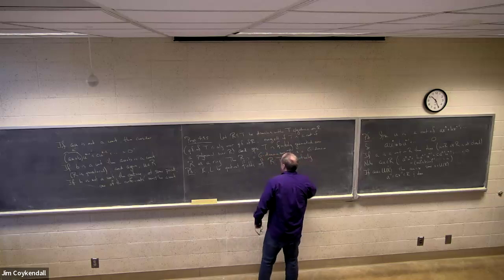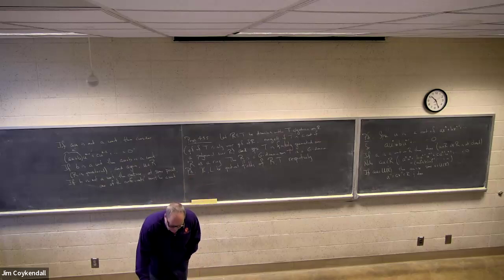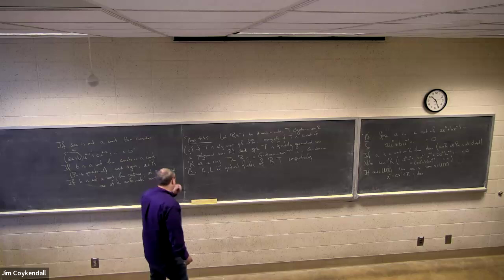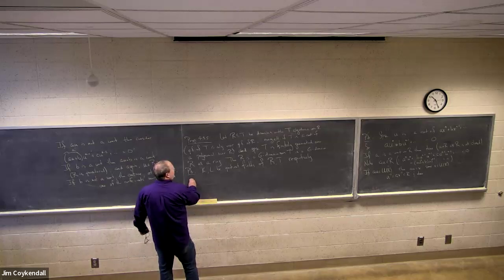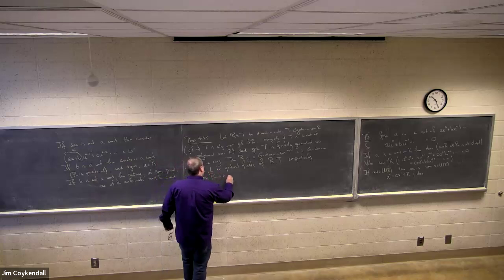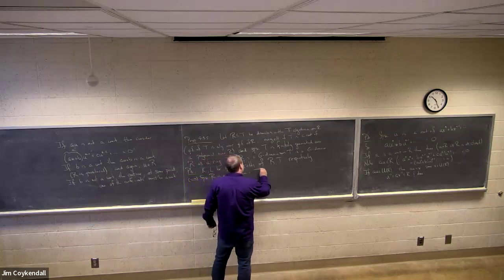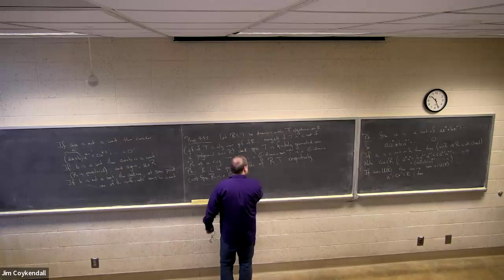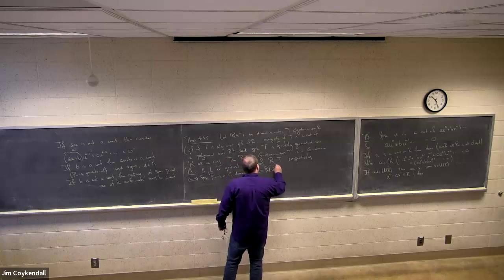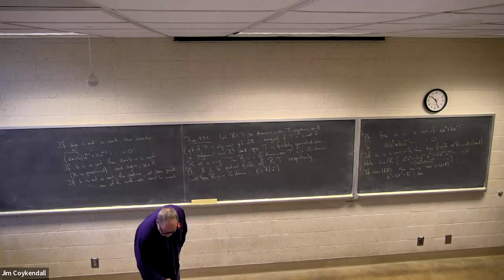So K is the quotient field of R and L is the quotient field of T. Suppose first that R is a G domain. And K is R[U inverse], for some U in R.